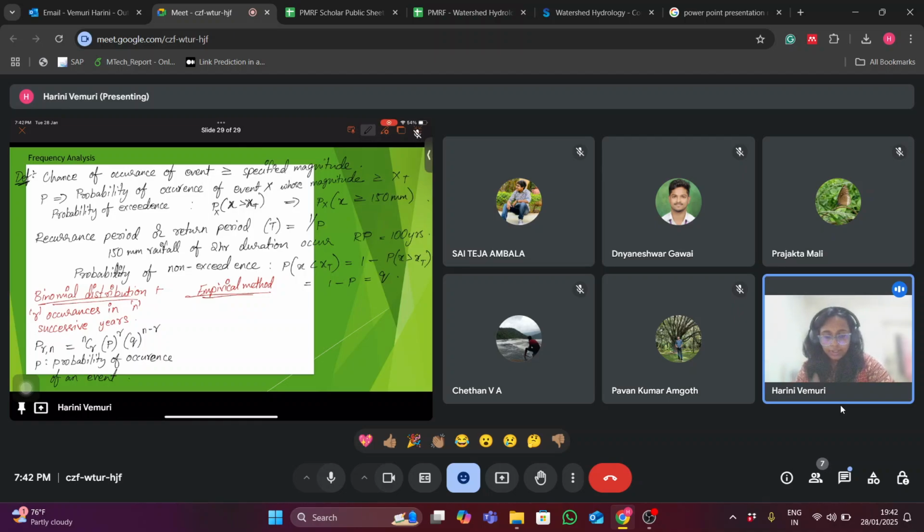I will not write all the equations listed in the lecture given by sir, but I will mention one main formula, that is Abel's method. In this, we calculate probability based on the rank of the data, and capital N is the length of the data.